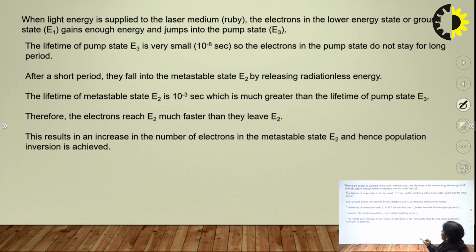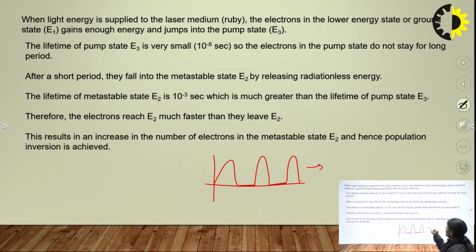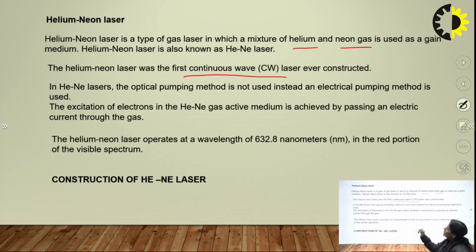When we discuss the output of the ruby laser, we have a pulse, and then after some time we have nothing, and then again we have a pulse, and then nothing. So, it is a pulsed laser. So, we can have a pulsed laser, and we can have a continuous wave laser also. This is how the ruby laser gives its output, whereas a helium neon laser will give a continuous wave output. That is why it falls in the continuous wave laser category.